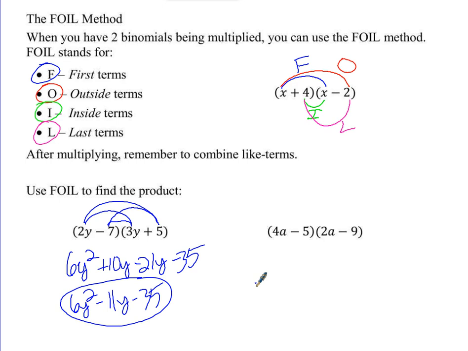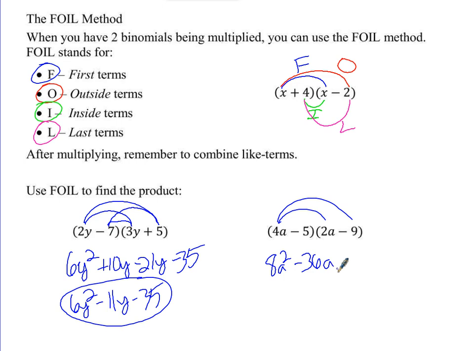I'd like you to do that second one. Watch out for your minus signs. All right, talk me through it. Four a times 2a, so F, and we get 8a squared. Good. The 4a times the negative 9 for the O part of FOIL, and we get, pretty sure it's negative 36a, okay.